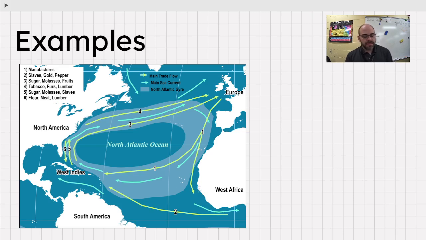Let's look at some examples. So here's the trade winds that we were talking about earlier. You can see the movement of materials and all sorts of different things over the years, good and bad. That's why they got their name, because these winds would be used to haul things back and forth from Europe, Africa, and North America.